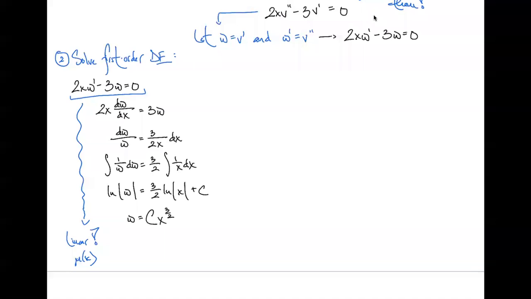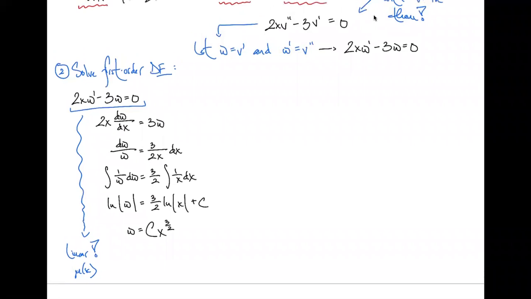So we've got this function w equals c x to the 3 halves, but in order to complete this problem, we need to get everything back in terms of x's and y's. That's where we were starting with our question, and therefore that is where we must finish.